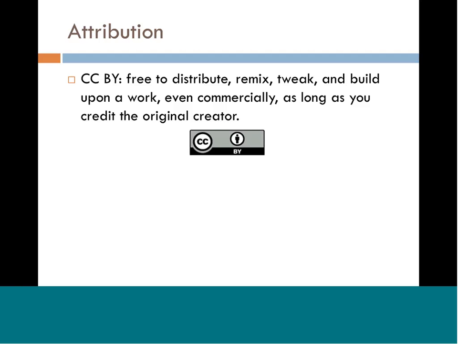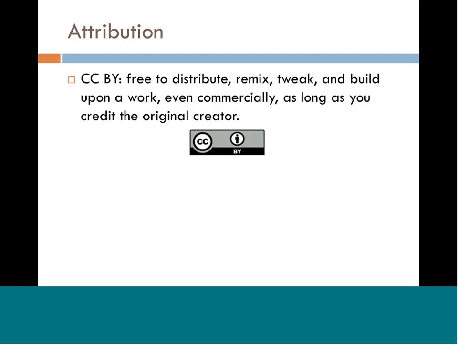So the first, most open license type is attribution. You will see it signified on a piece of web content with the logo you see on the screen or with the word CC BY. So when you see a piece of content that's licensed in this way, you're free to distribute it, remix it, tweak it, and build upon it, even commercially, as long as you credit the original creator.